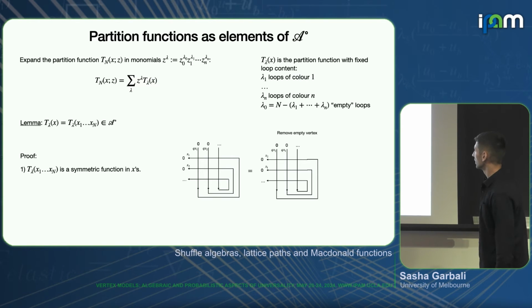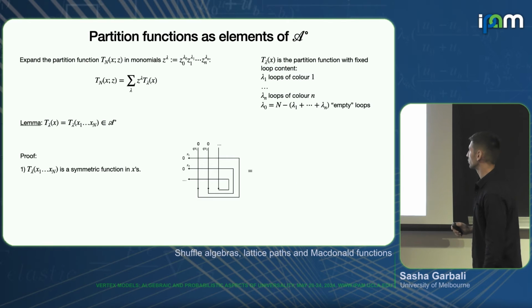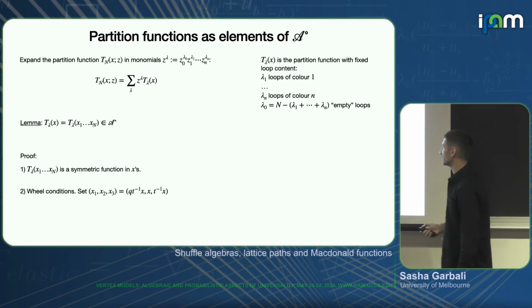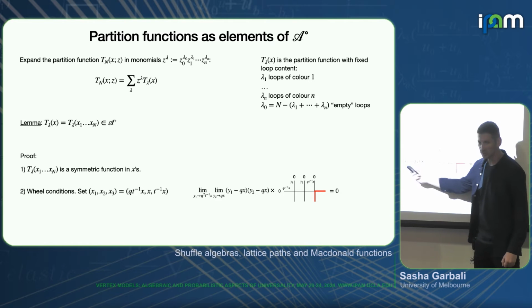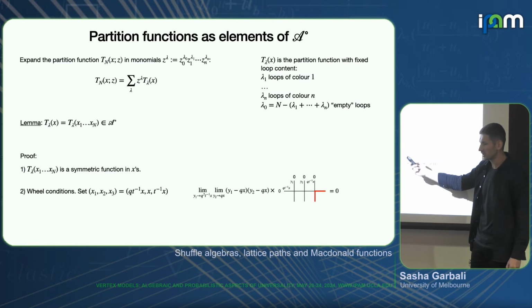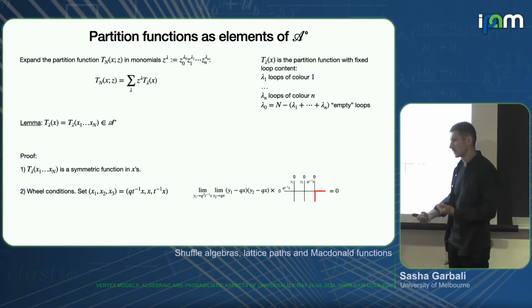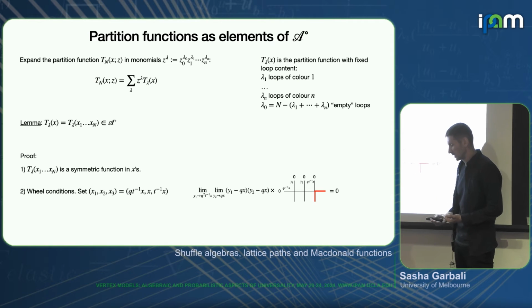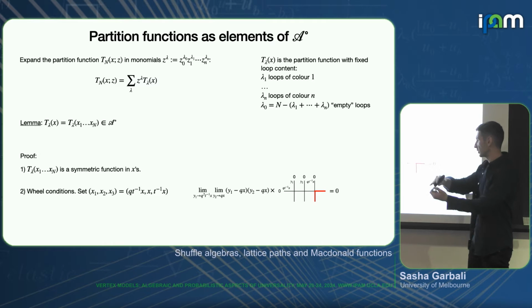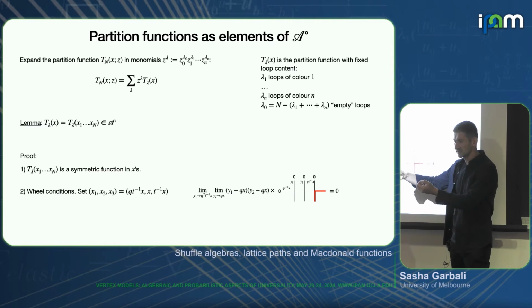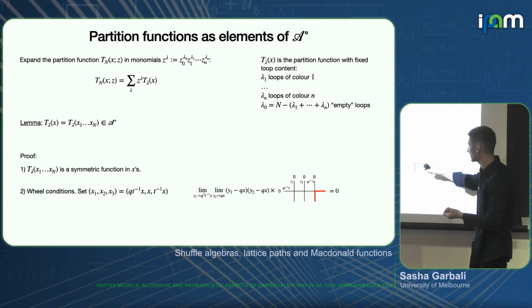And then we can look at these partition functions more carefully and prove the wheel conditions. The type of computations that you need to do to prove these wheel conditions are of similar spirit as you do in Korepin's characterization of the domain wall. So you look at freezing, you look at what happens with the paths.